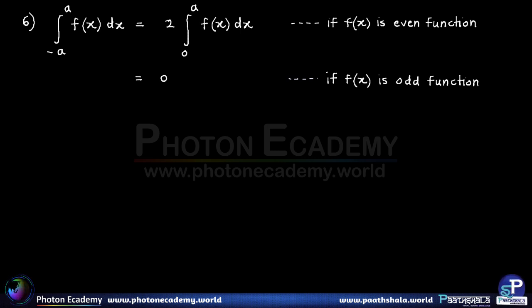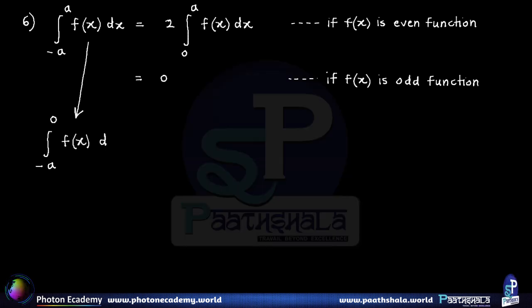Now for that, let us start off with the left hand side. This we can break as minus a to 0 f of x plus 0 to a f of x, correct? Because 0 lies between minus a and a.